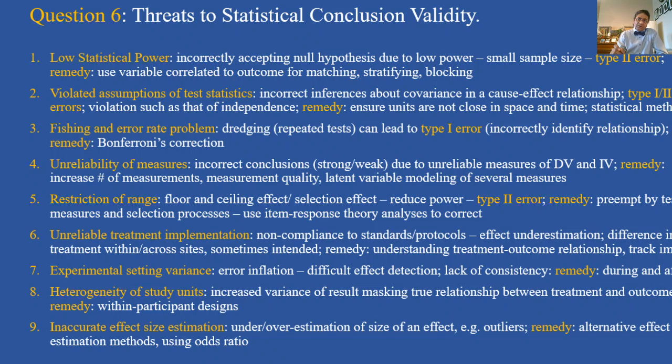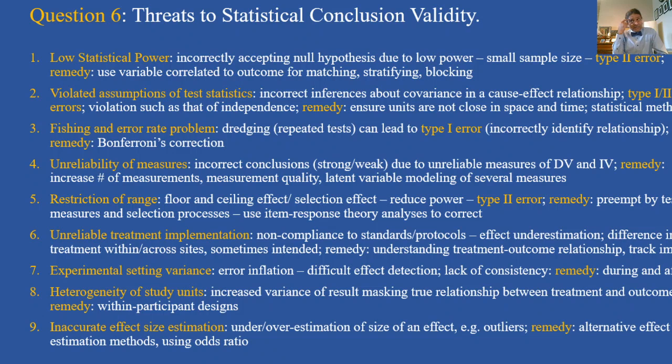Threat number two is violated assumptions of test statistics. This leads to incorrect inferences about covariance in a cause and effect relationship, and there is a chance of type 1 or even type 2 error. For example, violation of independence when the study units are members of a family or persons from the same neighborhood, etc. And it leads to standard error estimation bias.